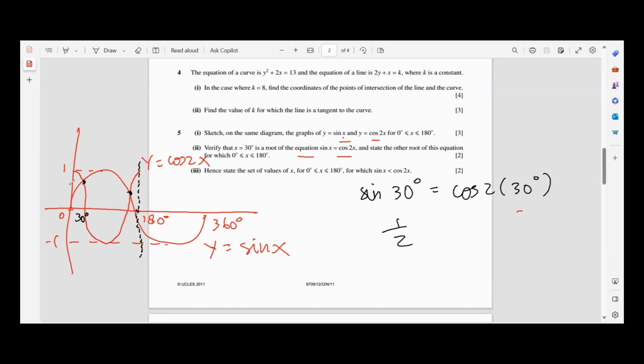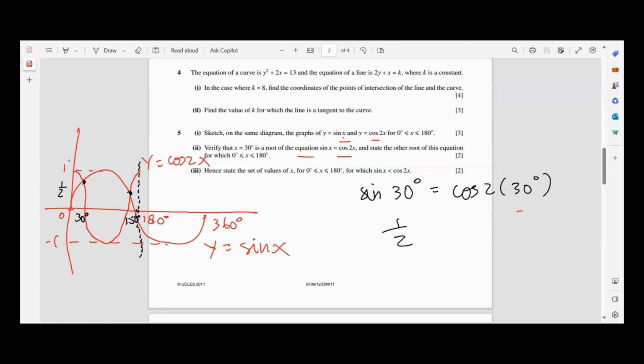So when it is half, we can know this value is how much. From the graph, I think it is 150 degrees. So that's for part II.